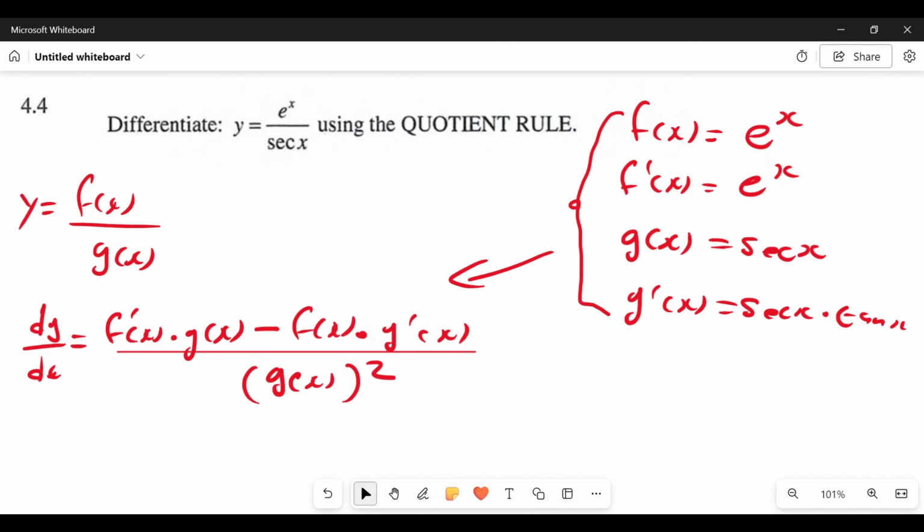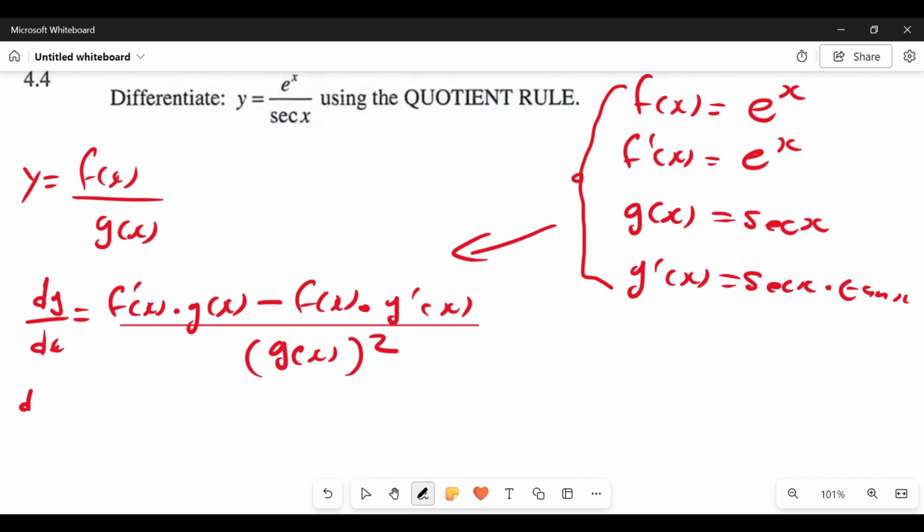Now let's create a space. dy over dx is going to give us, what is f of x prime? Our f of x prime is going to be e to the power of x. What is g of x? Our g of x is sec x, so we say sec x, right, minus.